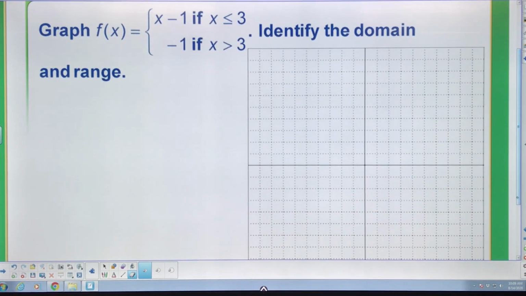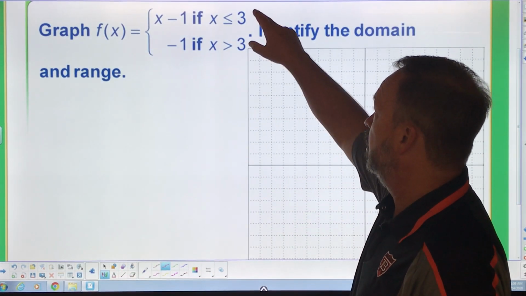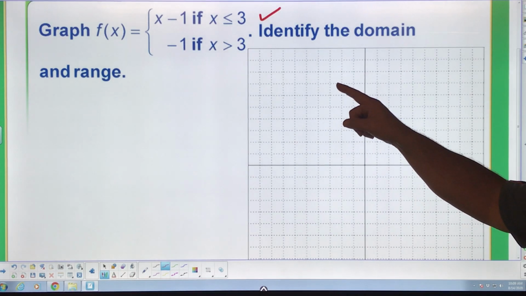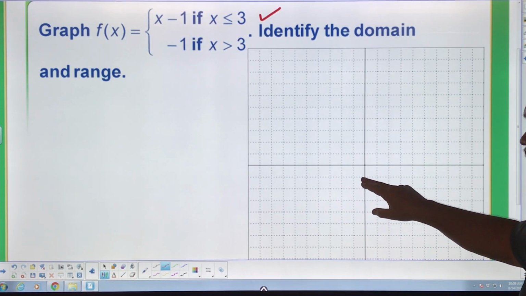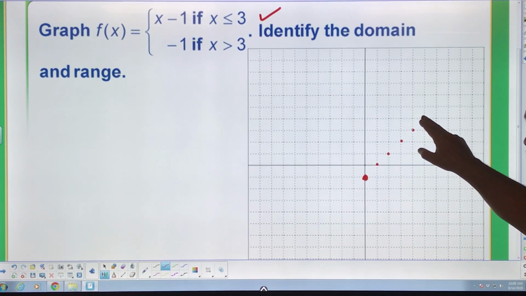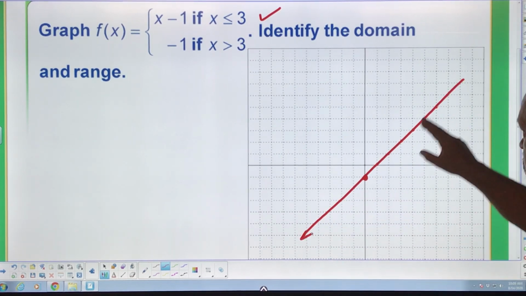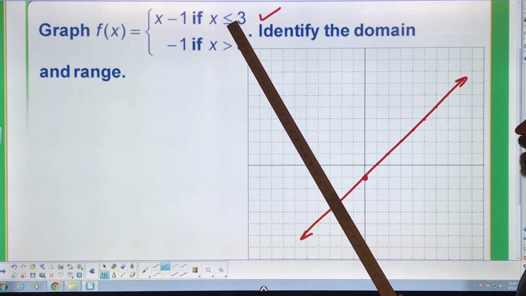So graph this. I'll check that one off in red. That's y equal, or f of x equal, x minus 1. So -1, and our slope is 1. So you can see how this is going to work pretty easily. And so this is the graph of this function. But they said, well, wait a minute.